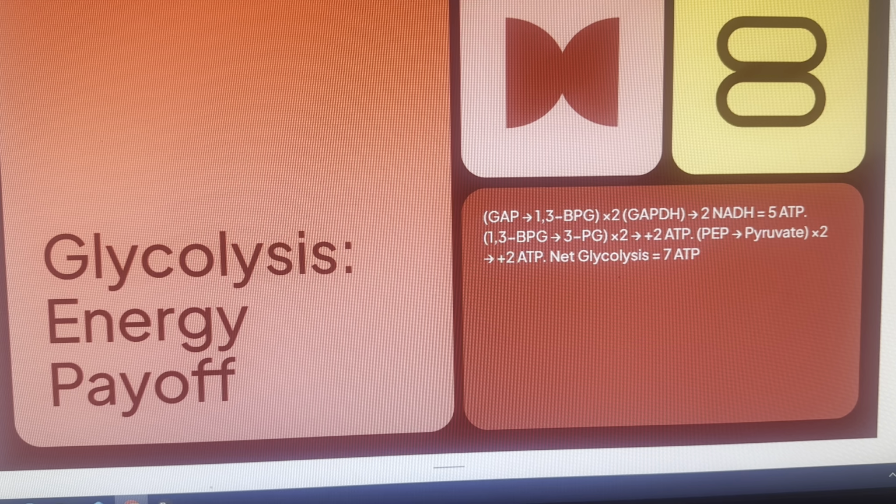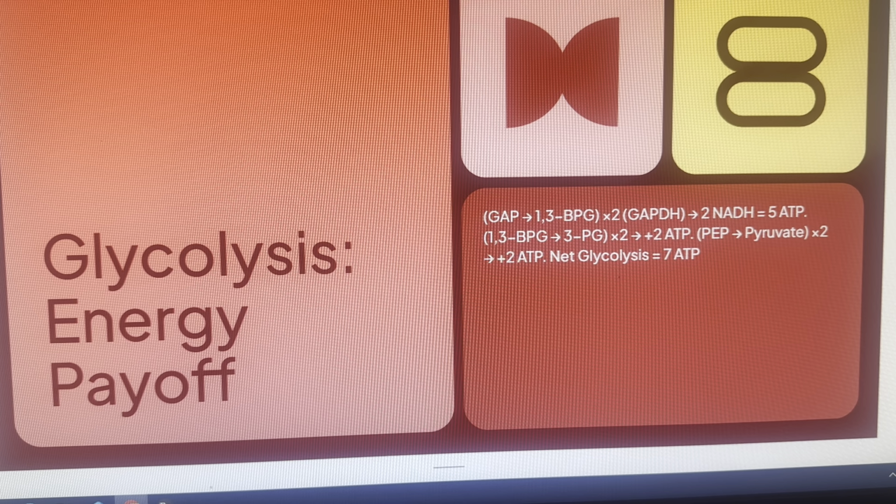During the payoff stage, each molecule of glucose generates 2 molecules of glyceraldehyde 3-phosphate, or GAP. Each GAP is oxidized by glyceraldehyde 3-phosphate dehydrogenase, producing 1 NADH.